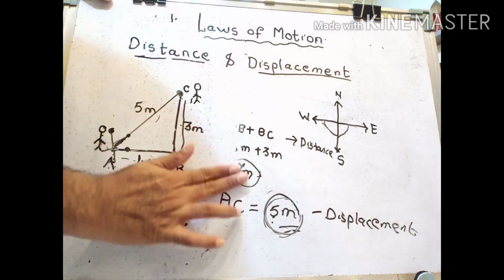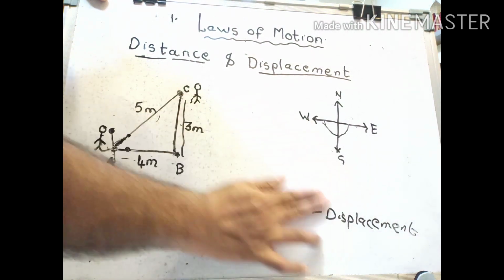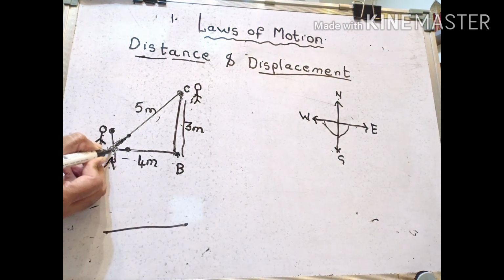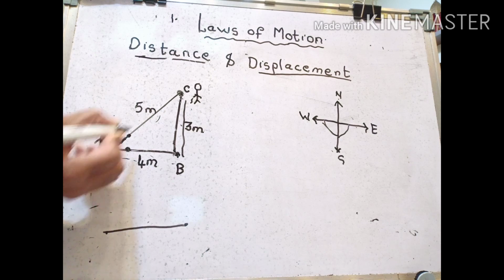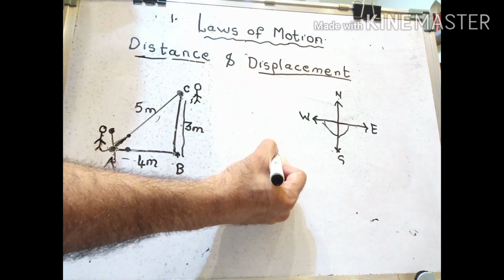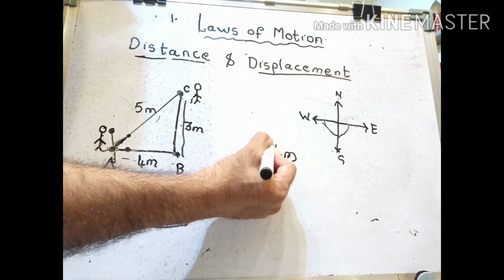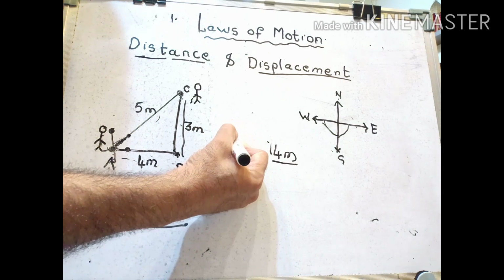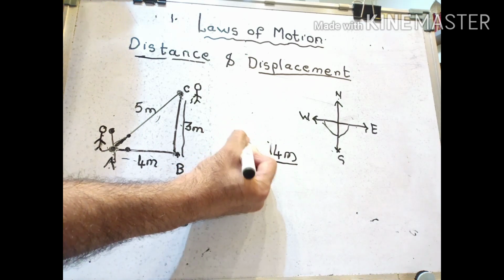If we talk about a situation where the person has returned home, then the total distance traveled by the person would be 14 meters: 7 meters while going, 7 meters while coming.